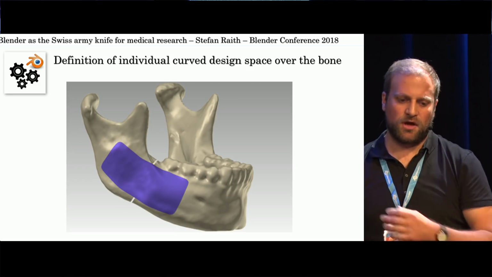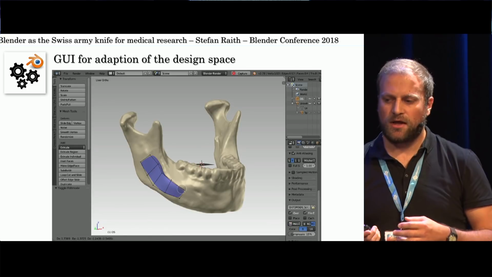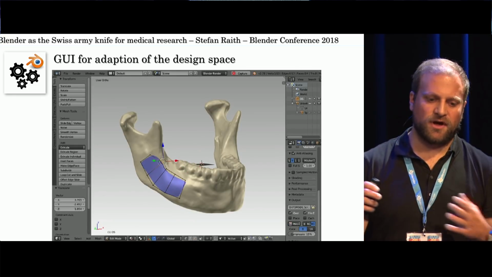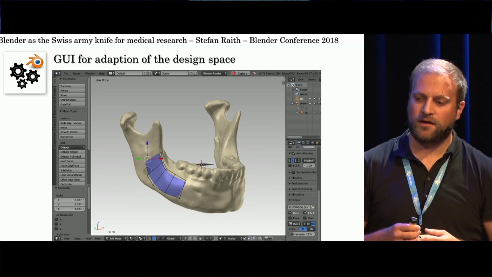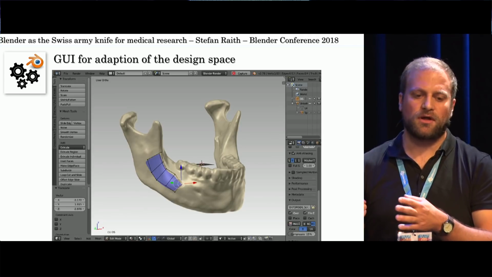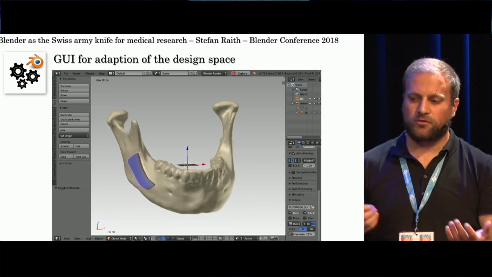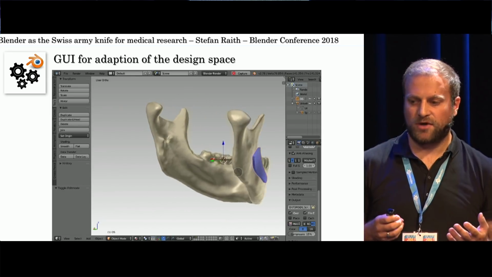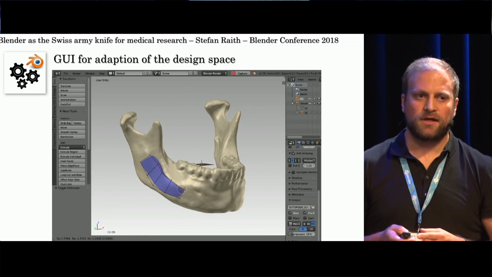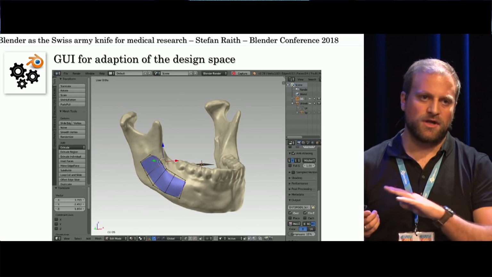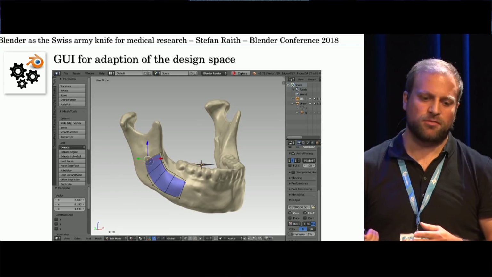In this case, we have a bone fracture as an example, and in Blender we now have the opportunity to easily modify this design space and then to export it directly to the finite element simulation software that recognizes the shape of the design space that is also curved around the surface of the bone, so that the implant that is designed really aligns to the individual shape of the bone.